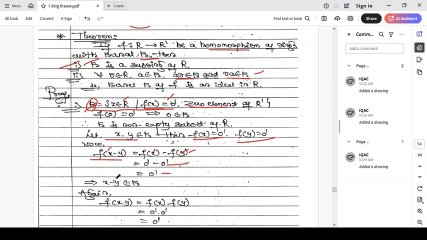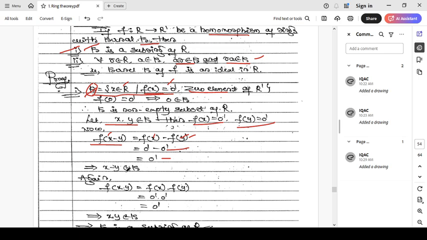So therefore for every x minus y, this x minus y belongs to K, and obviously f of x minus y also belongs to K, right? So what we have taken is x, y belongs to K and x minus y also belongs to K, we have shown it.